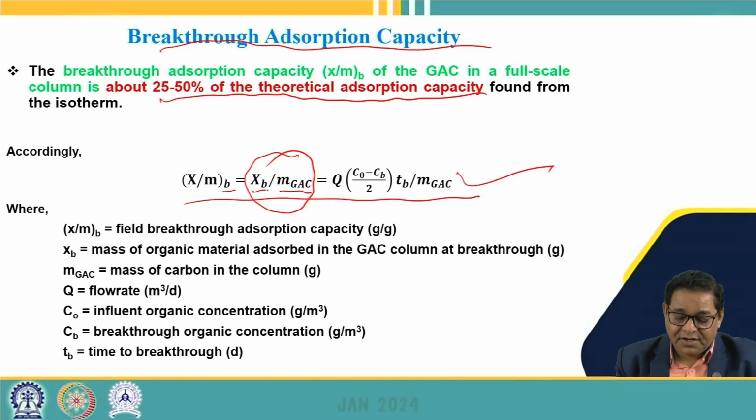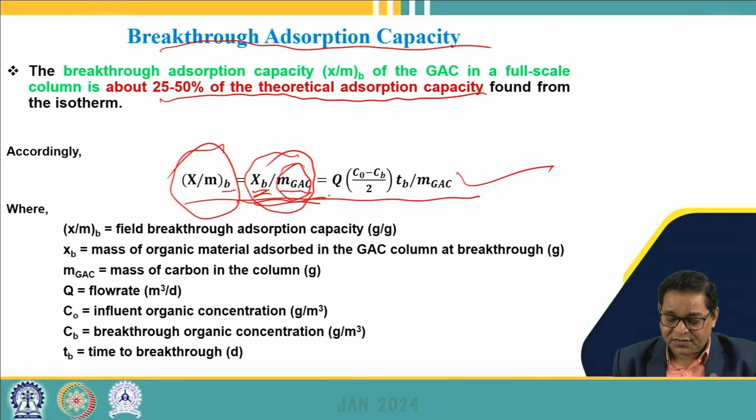So XB indicates the amount of adsorbate being adsorbed till the breakthrough, whereas this MGAC gives the amount of granular activated carbon. So the ratio of the two basically gives you the breakthrough adsorption capacity, which is equal to Q into (C0 minus Cb)/2 into Tb divided by mass of granular activated carbon, that is MGAC.